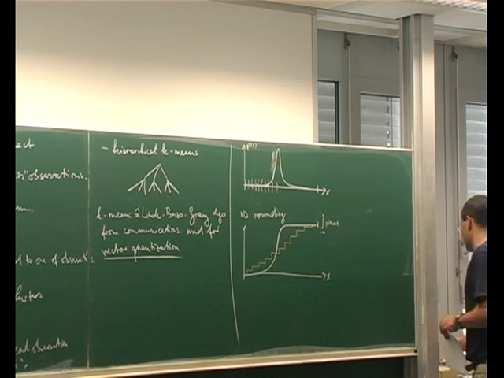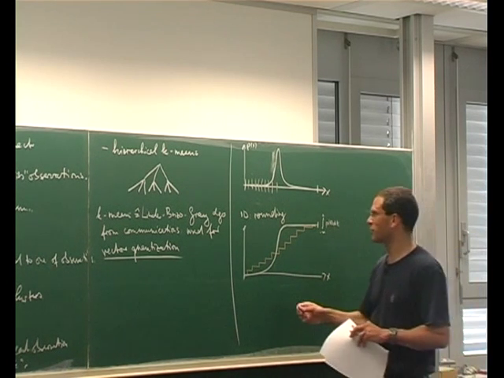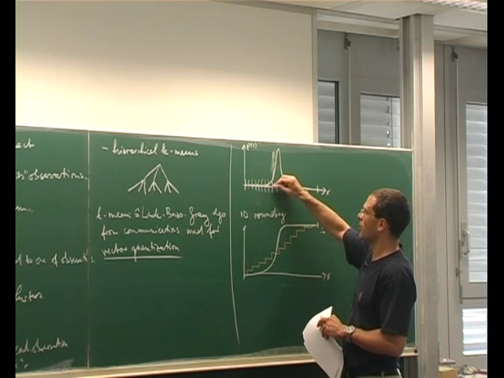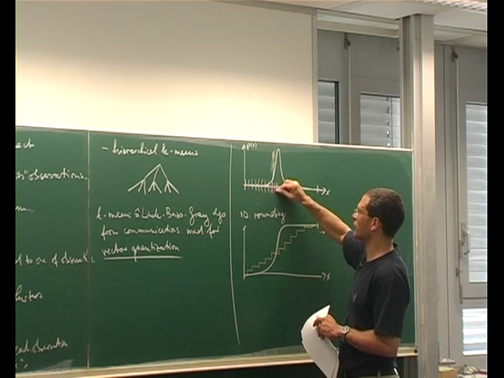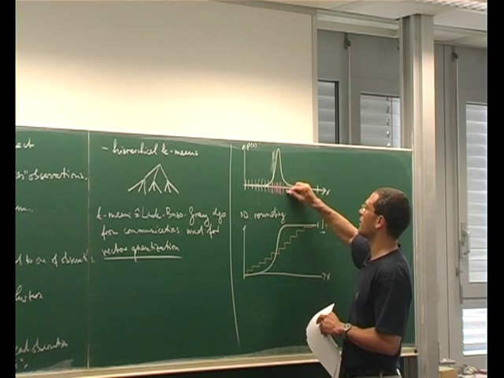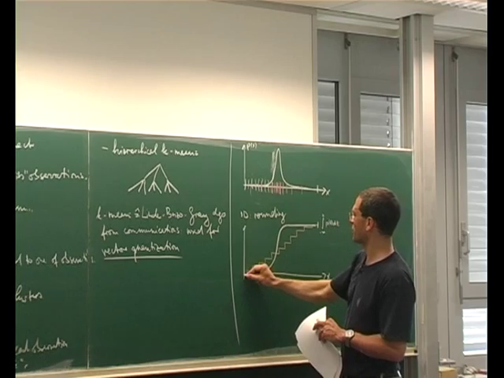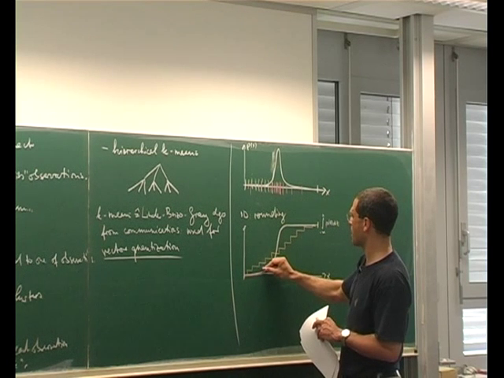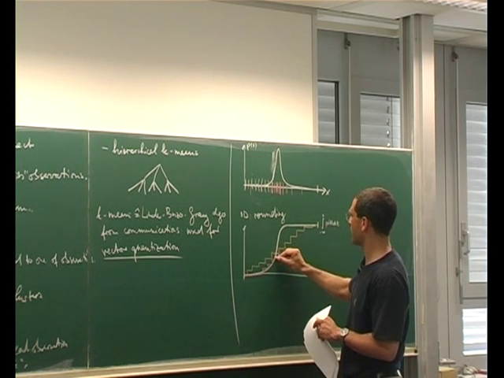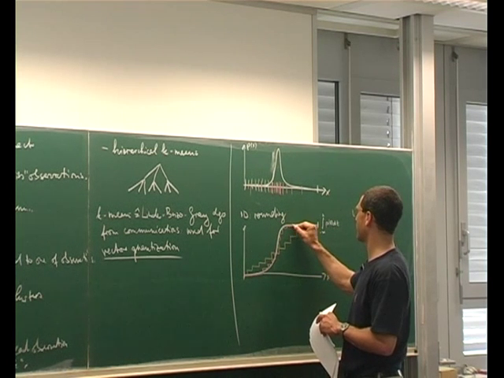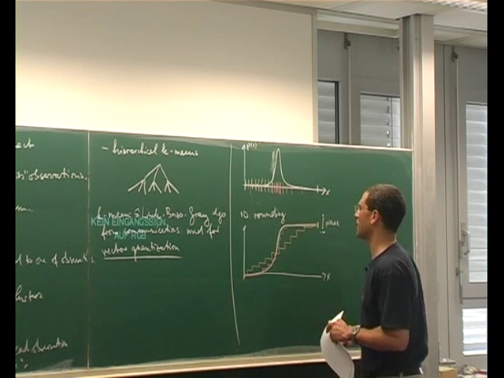But for a distribution that is more concentrated, it makes more sense to invest more code vectors, or to use finer bins in high density regions. So for instance, something like that.